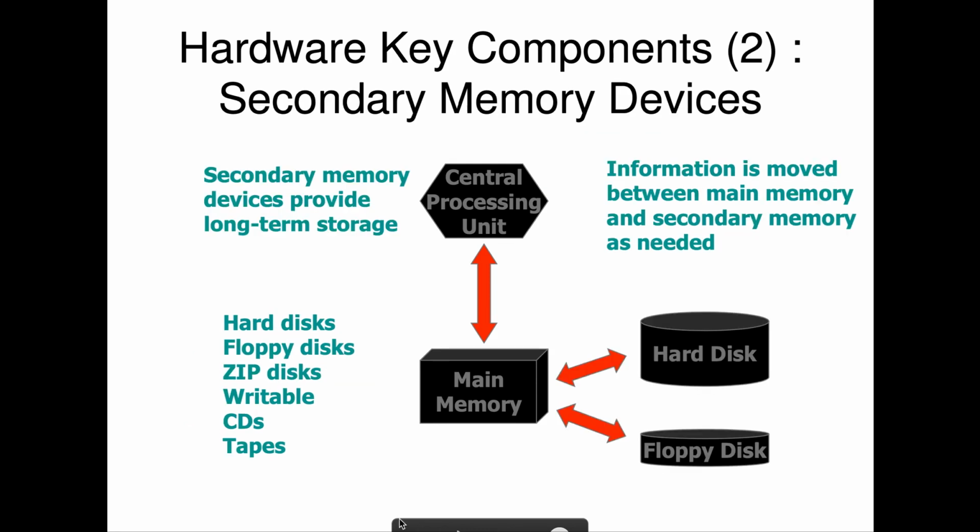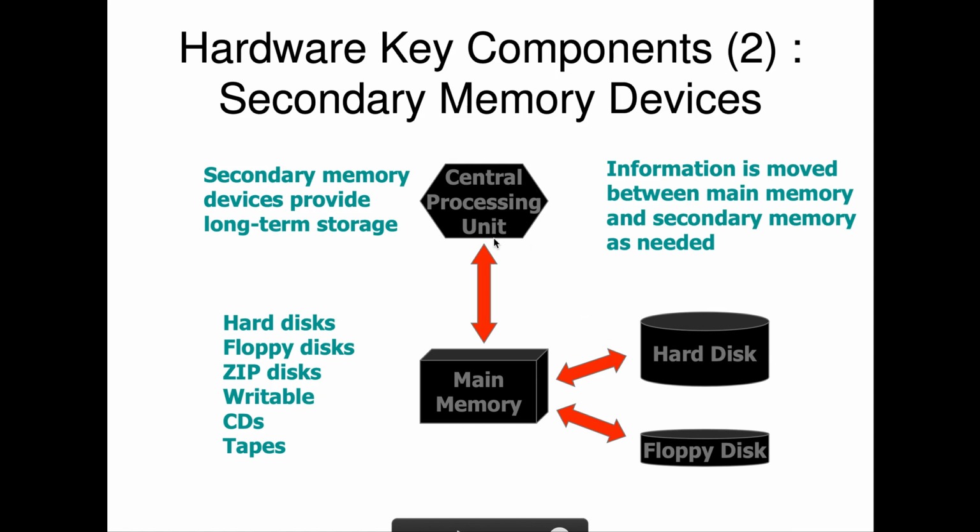Now let's talk about secondary memory devices. These are not needed for the system to exist, but they are really needed for it to work. The central component can be connected to either a hard disk or a floppy disk. Nowadays we don't use floppy disks anymore, but we use other things like USB disks and hard disks.